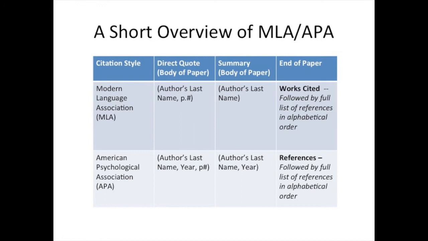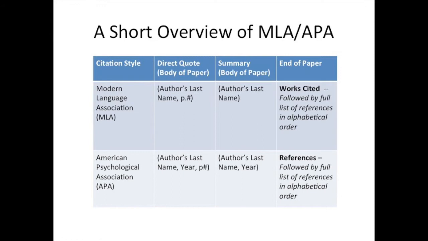If you are summarizing an idea for MLA, you would have the author's last name in parentheses next to the summary within the body of the text. APA is very common when you're summarizing scientific research. You would have right next to the summary the parenthetical reference of the author's last name and the year of the research.